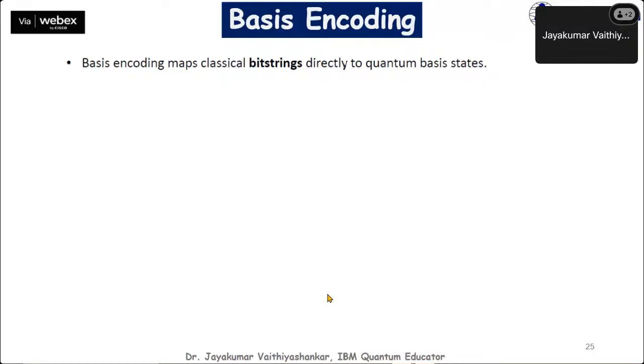Yes, ket 0, ket 1. Any other basis states? Ket plus, ket minus, ket i, ket minus i, right? For all these you need to use ket or state notation, otherwise we'll get confusion between classical and quantum, right?